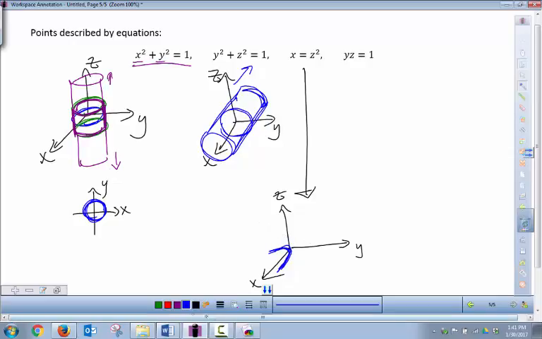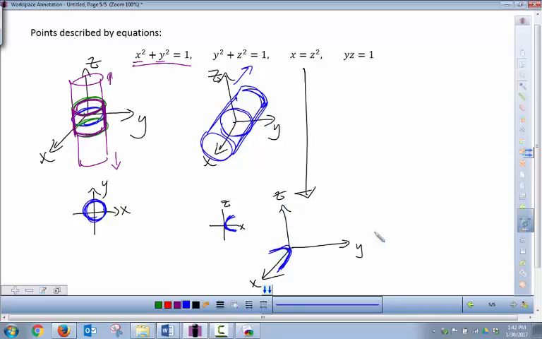So on the xz plane, it would be opening towards the x. Right? So that's what it's opening towards, the xz plane opening towards a positive x.